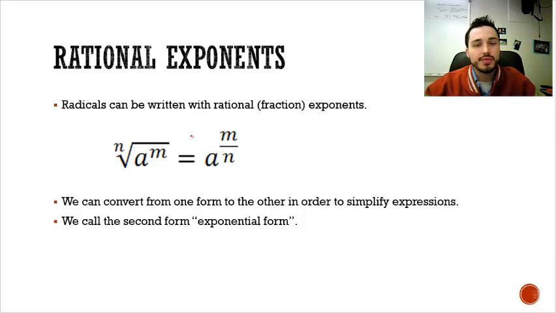The way we transfer that over here is the exponent is on top, the index is on bottom. And it goes both ways. So we can convert from one form to the other in order to simplify expressions, whatever's easier, whatever helps it work better. And we call this second form exponential form.